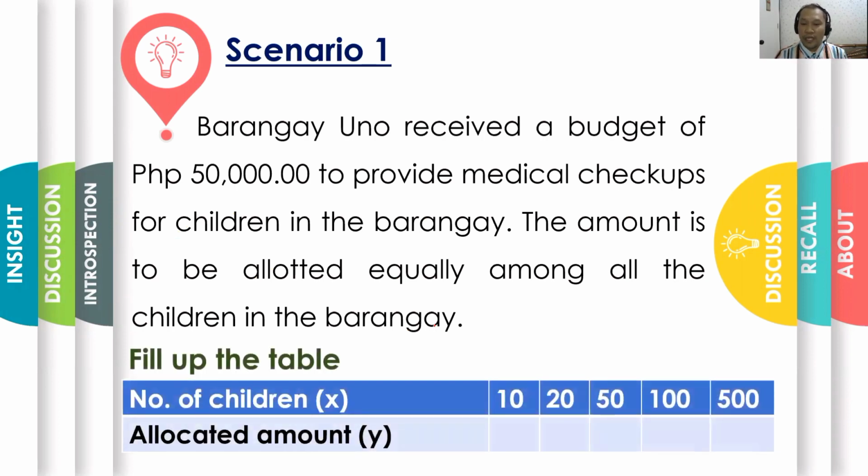How much will each child receive if there are 10 children, 20, 50, 100, and 500? I repeat, Barangay Uno received 50,000 pesos to provide medical checkups for children, and it should be equally divided among every child.